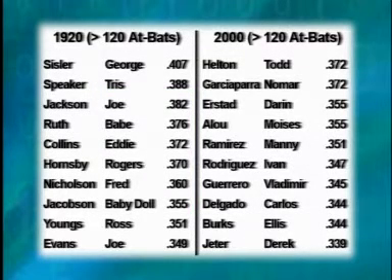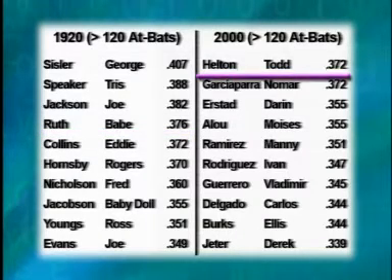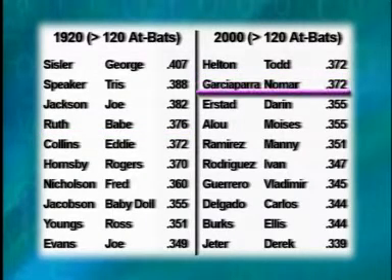If we look at the years 1920 versus the year 2000, both those years had almost the same average batting average over the whole league. But look what happens. If we look at the top batting averages for 1920, George Sisler, Tris Speaker, Joe Jackson, Babe Ruth, we can see that all of these people have higher batting averages than the very highest batting average in the year 2000, even though the batting average overall was the same.